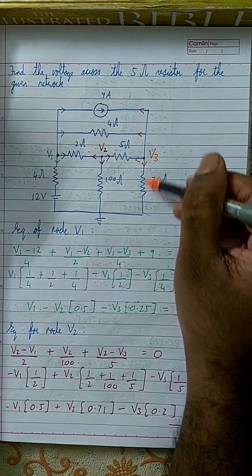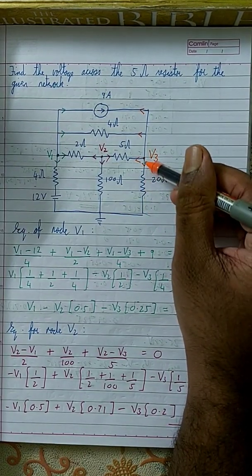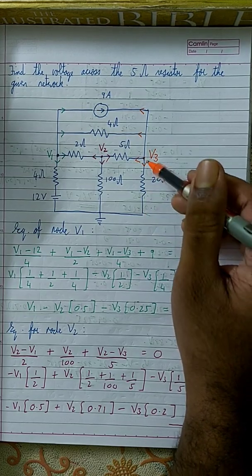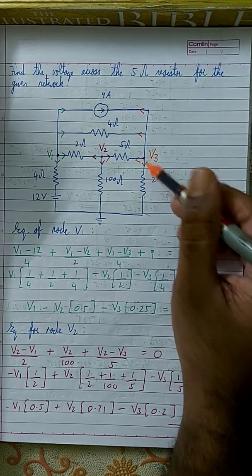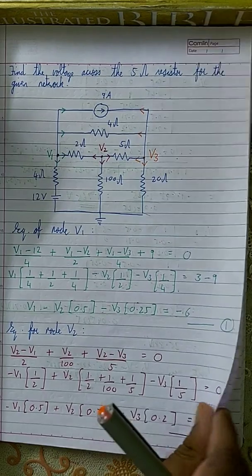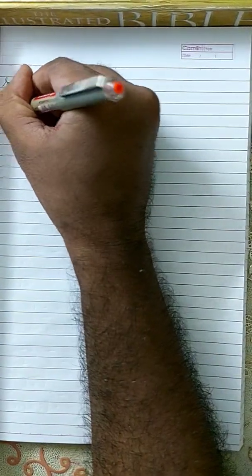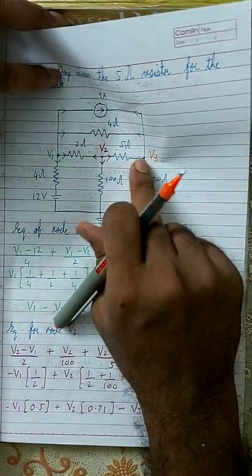First I'll write the current through this branch. V3 minus 0 by 20, or V3 by 20, is the current through this branch. Next, what is the current through this branch?